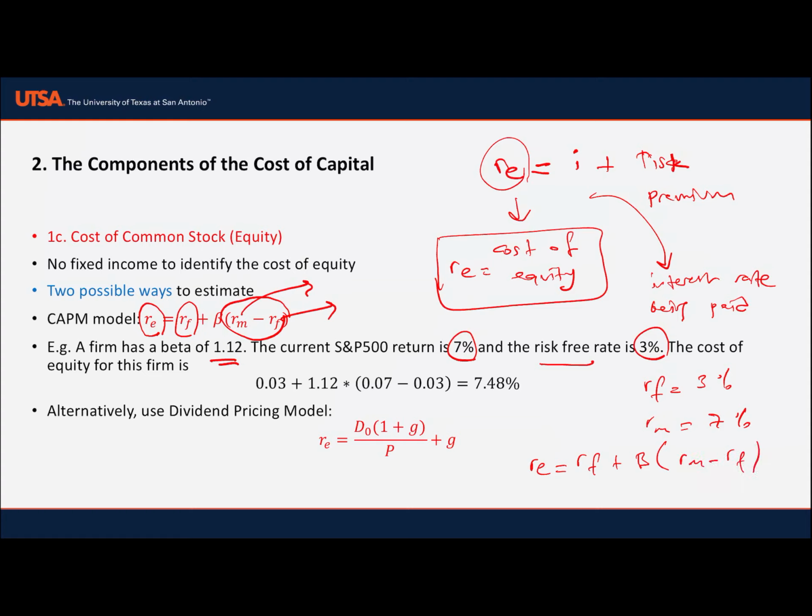We know beta, market return, and risk-free rate. So risk-free rate is 3%, plus beta 1.12 multiplied by the difference between market return and risk-free rate. So we find the cost of equity is 7.48%.